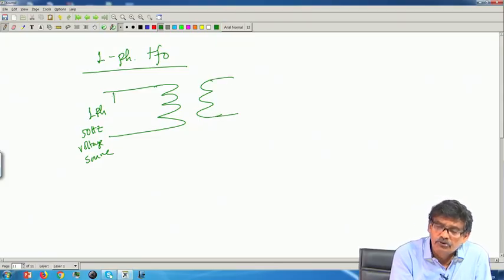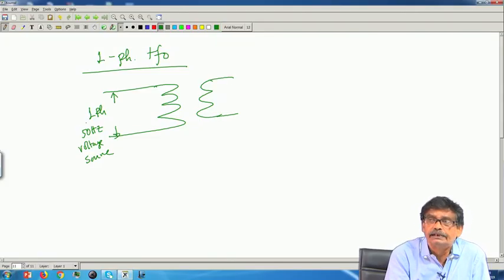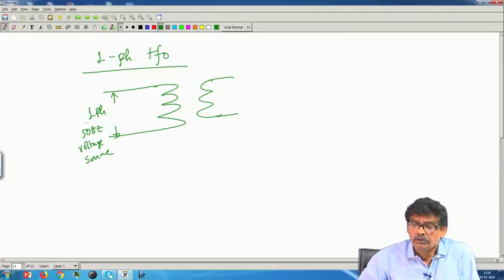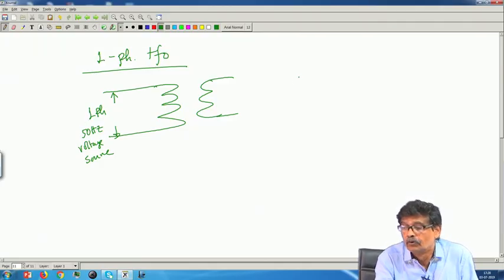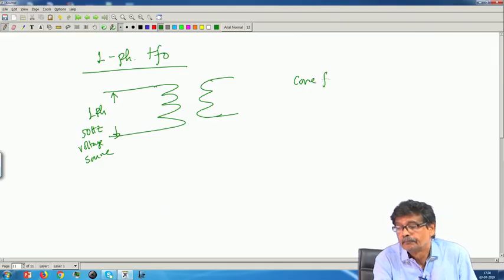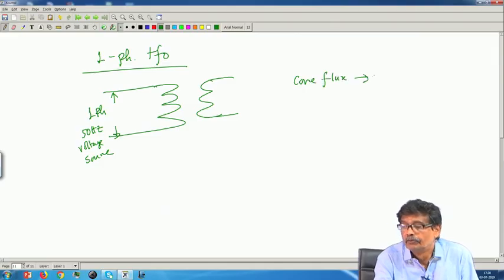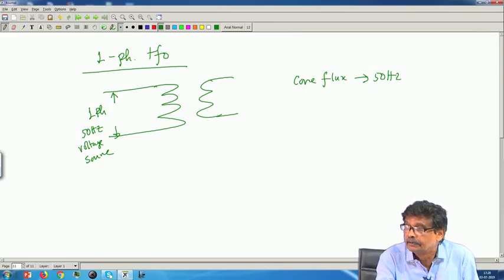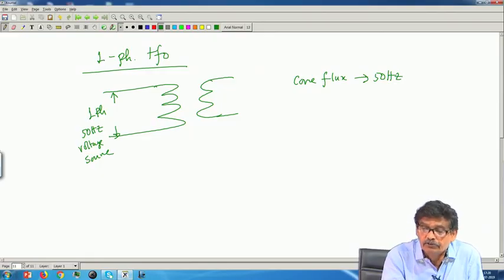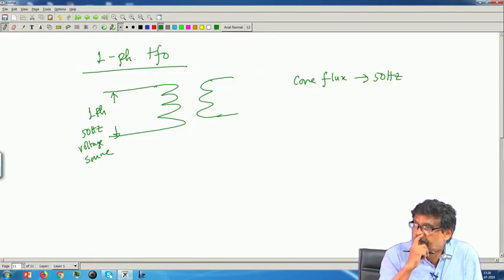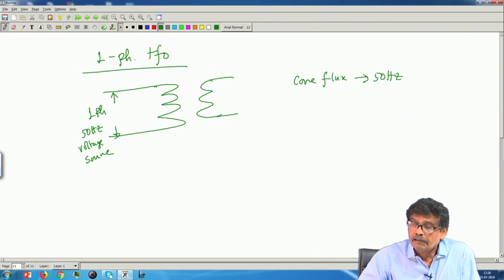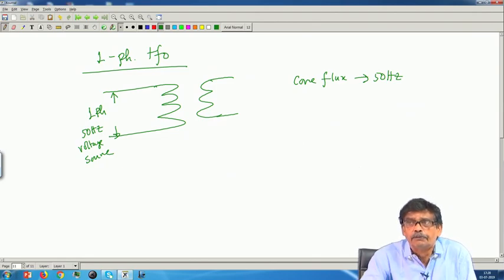And I have ensured that this voltage applied is 50 hertz. So, what will be the core flux? If this voltage is 50 hertz, core flux has to be 50 hertz. Also, we will have only one component, 50 hertz. How? Because we have applied sinusoidal voltage, it has to satisfy. And secondary voltage will also be sinusoidal 50 hertz.